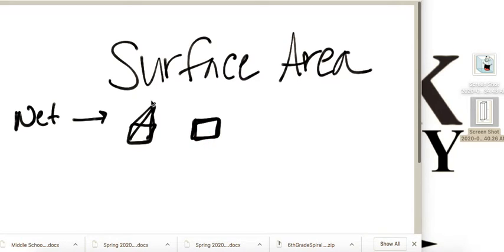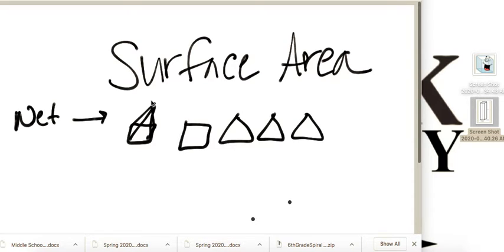I see triangles are attached, so I'm going to have a triangle out from here, here, here, and here. Sometimes they write the nets like this, but lots of times they will do the base, and then out to the side, they will write the sides. So that is the net.